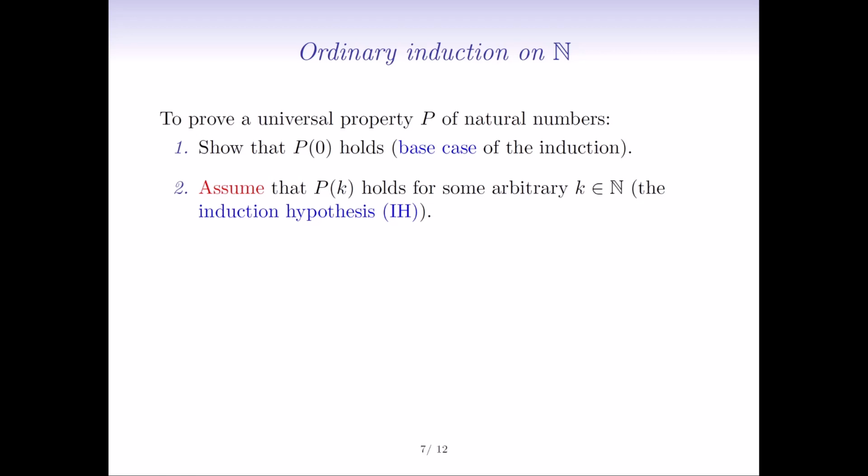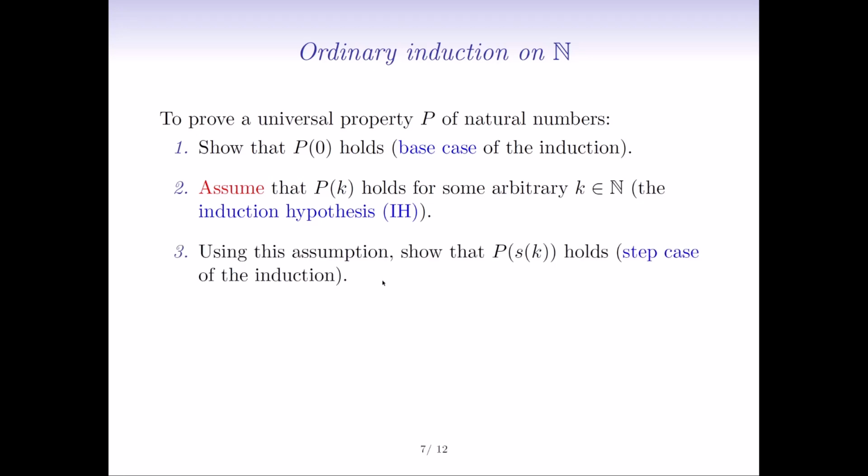We can't assume anything about the number K other than it is a natural number. Lastly, using this assumption, we have to show that P holds for the successor of K. Showing that is called the step case of the induction.